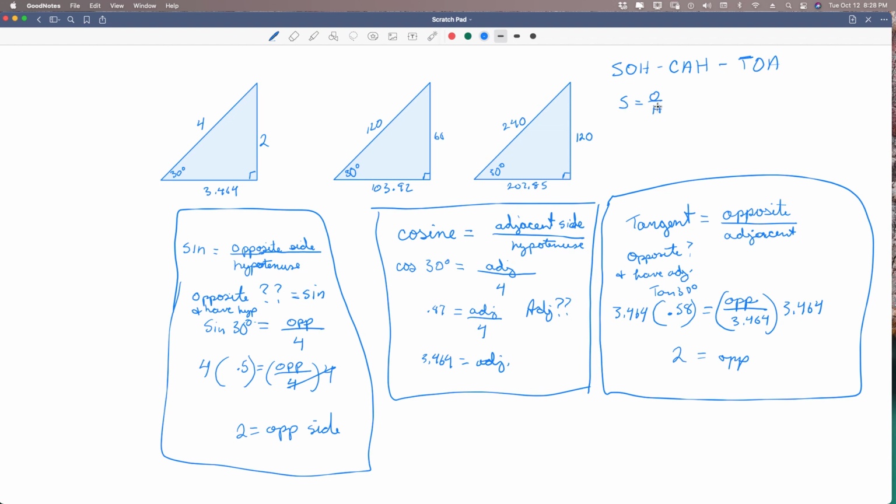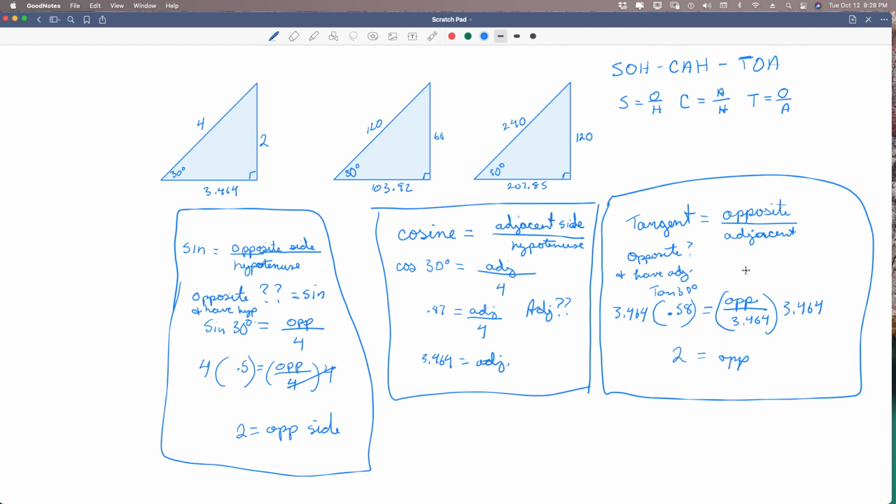That's the SOH. CAH is cosine equals adjacent over the hypotenuse. And TOA is tangent equals opposite over adjacent. Okay, so if you can remember SOH CAH TOA, then you can remember these formulas.